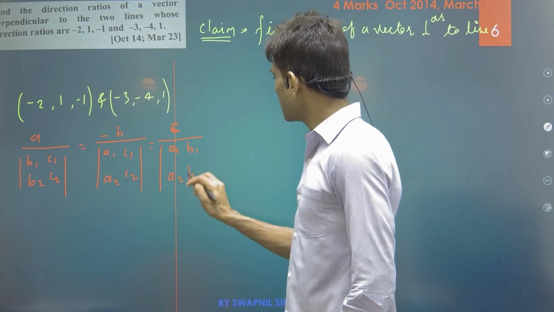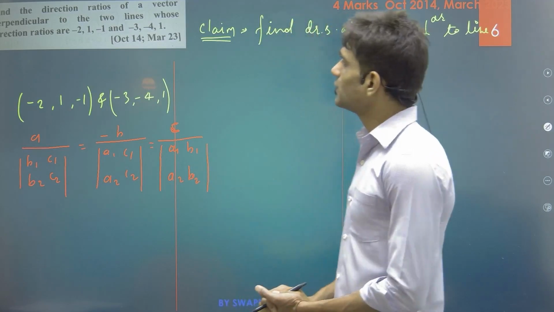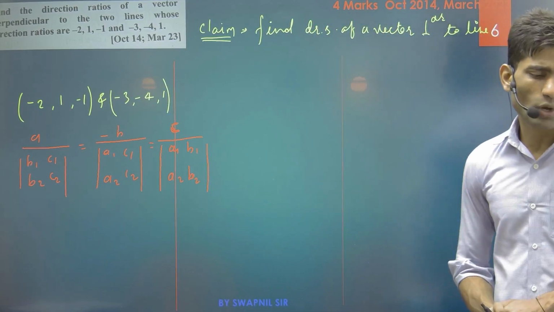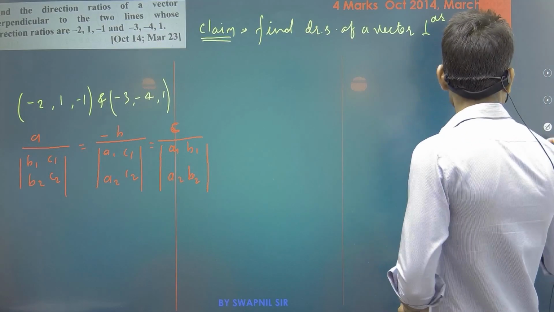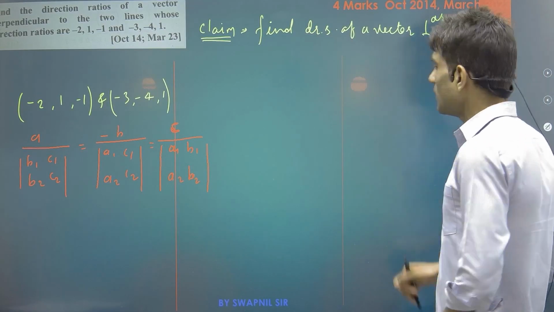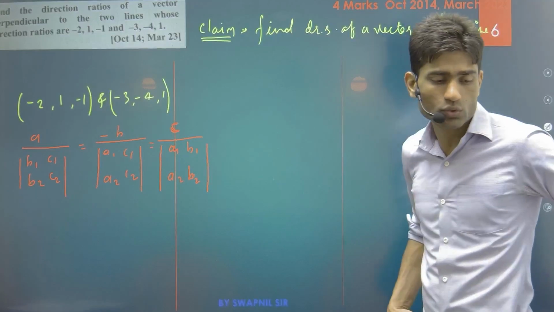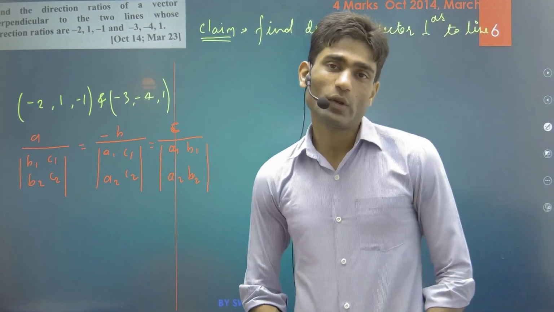This is our required standard result for finding the direction ratios of our perpendicular line. These are very important results for finding the solution of our given example.